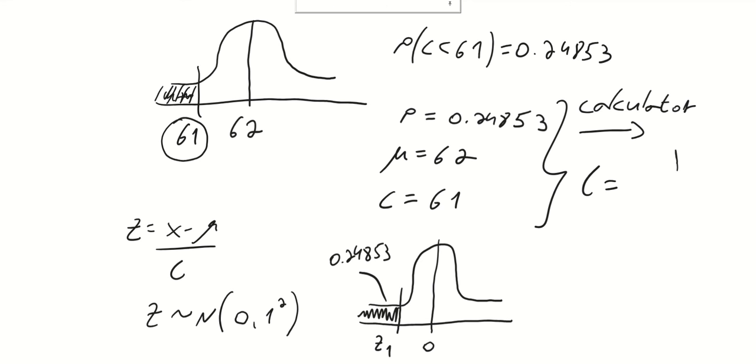If we give it a standard normal distribution with this probability, we will get that z1 is negative 0.679.